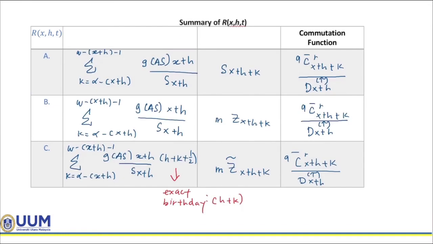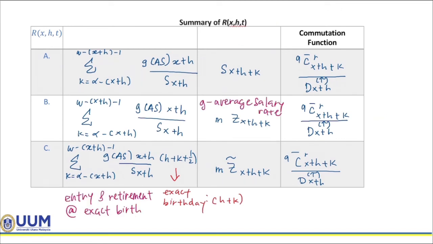So the summary of R_{x,h,t} for the dependent salary: we have 3 types, A, B, and C. So this is the notation, and this is the commutation function. So this G is for the average salary, B case, and for the C case we use exact birthday.